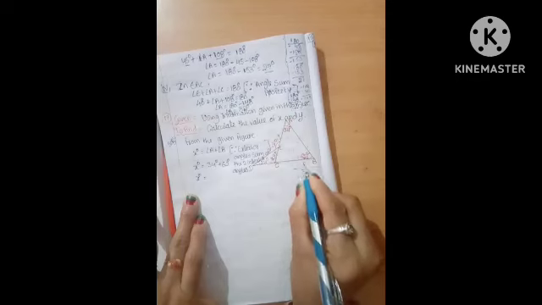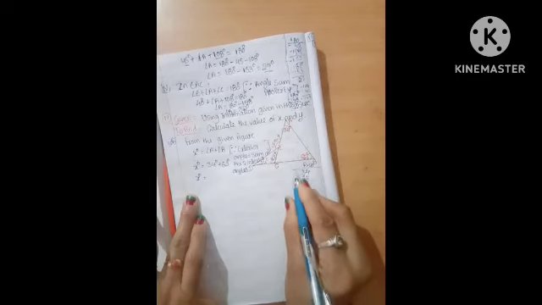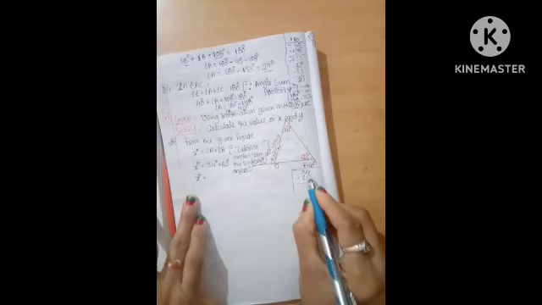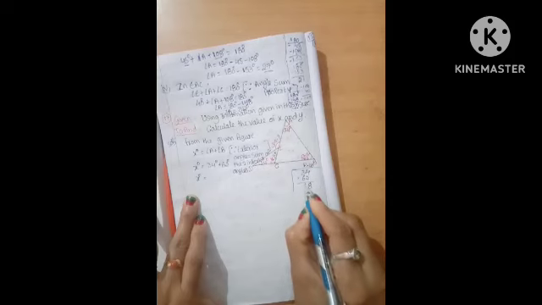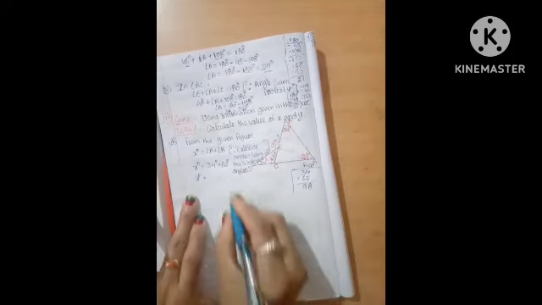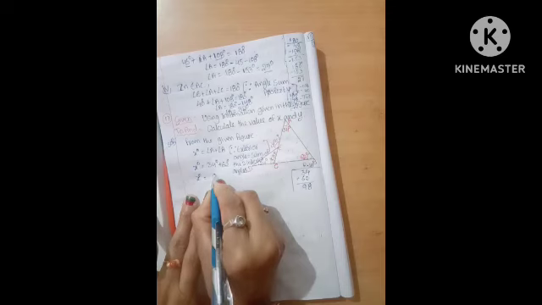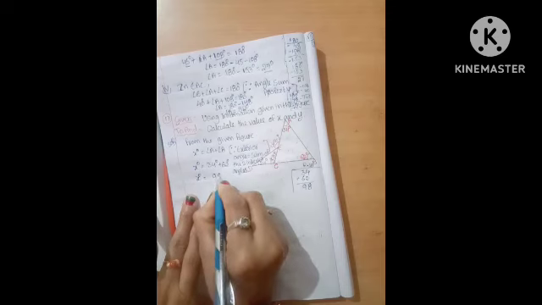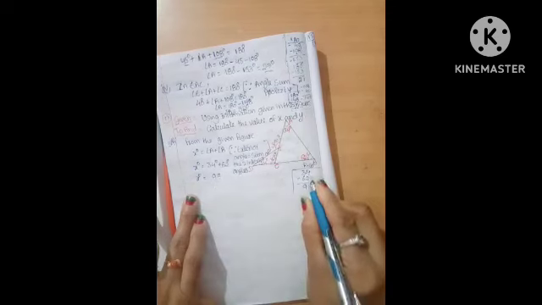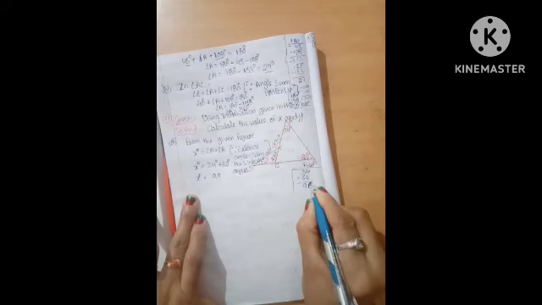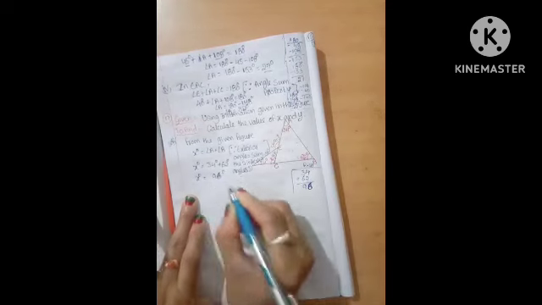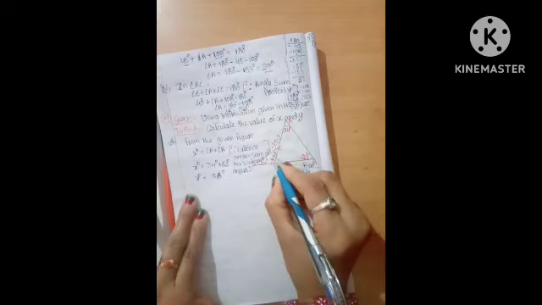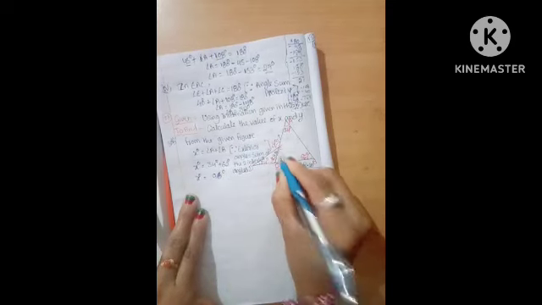This is a rough calculation on this side. 4 plus 2 is 6, 3 plus 6 is 9. So we get 96. How much angle did we get? 96. x degrees is 96 degrees.